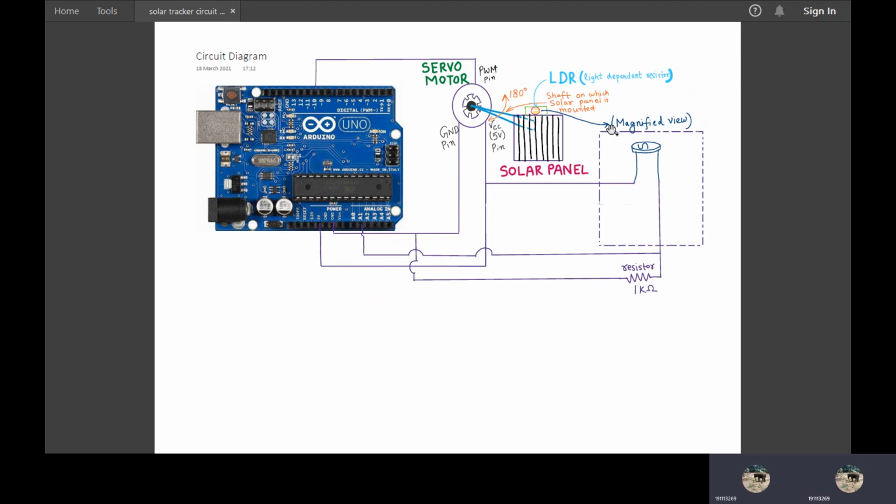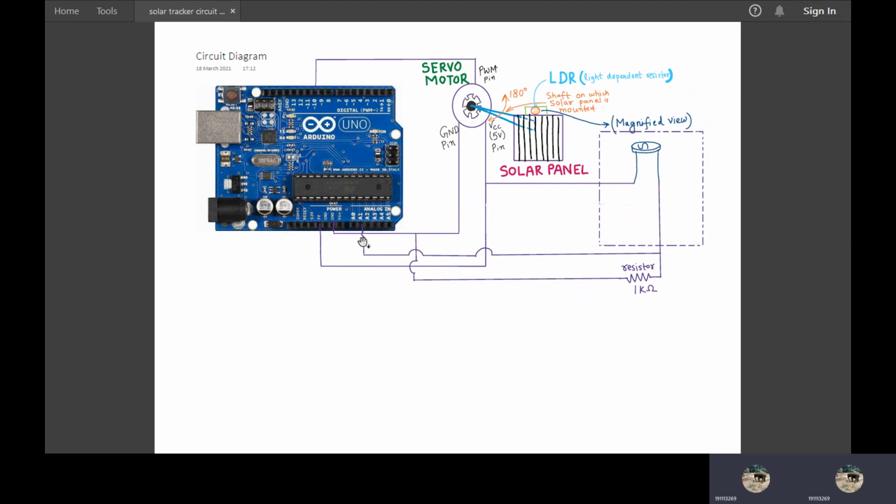So here is a magnified view of this LDR, and you can see one of the terminals of the LDR is connected with the 5-volt pin here, and the other terminal is connected with a 1 kilo ohm resistor to limit the amount of current, and this is connected to ground, and one pin across the LDR is connected to the analog input pin A1.